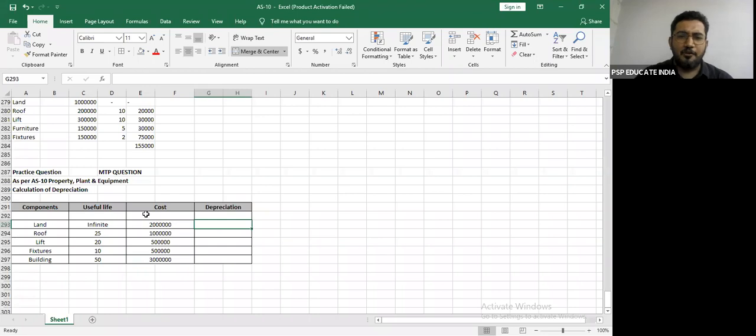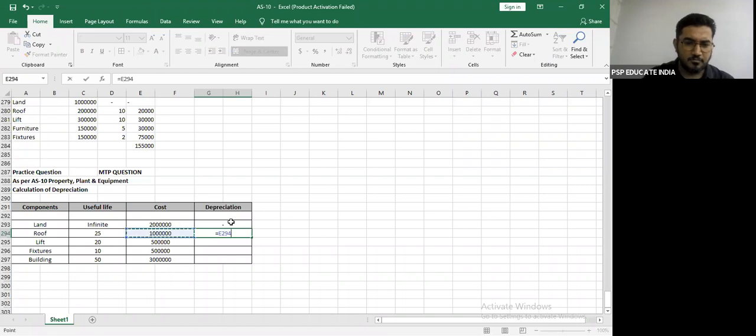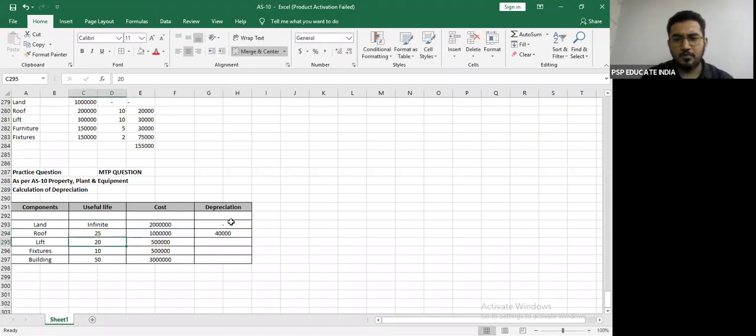Tell me, everyone on the chat box, what will be the depreciation for land? No depreciation, so nil. What about roof? You get 40,000?